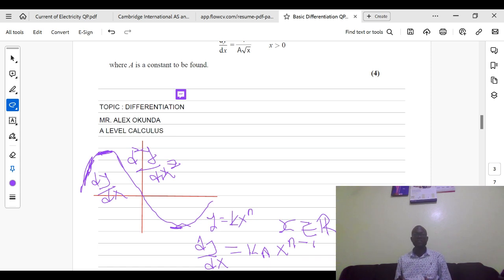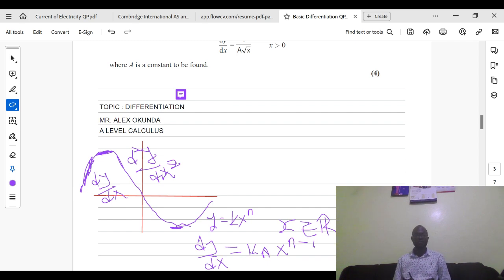The first is called the maximum. The second is called the minimum. And the third is called the point of inflection. In the point of inflection, the gradient of the curve doesn't change.